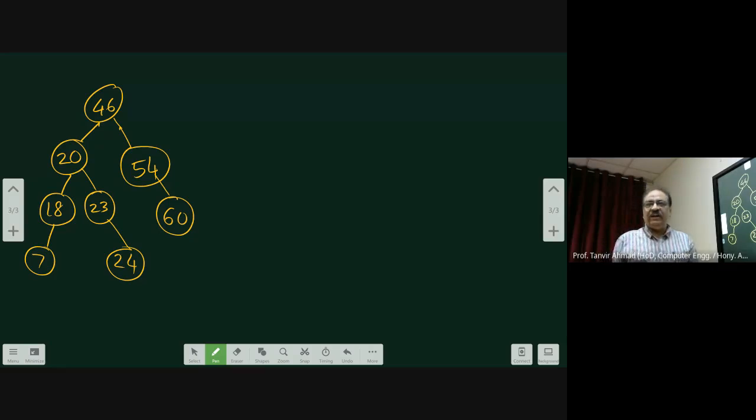This is the tree at some point of time. Now try to find the balance factors. Of course, this is 0, this is 0, this is 0, this is +1, -1, this is -1, 0.